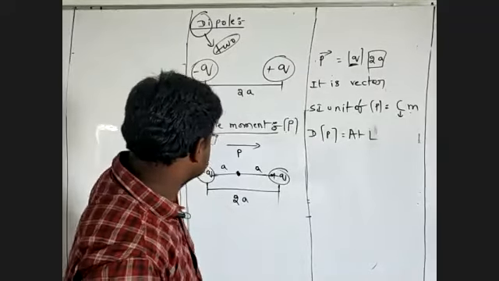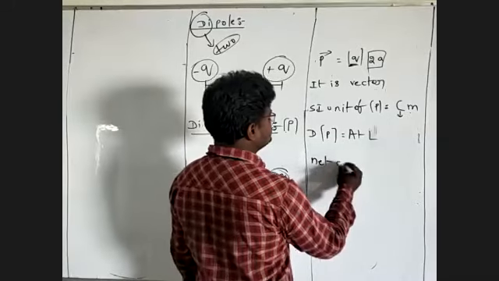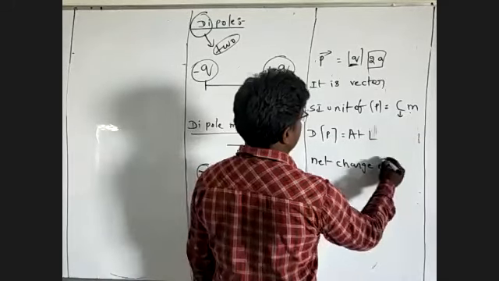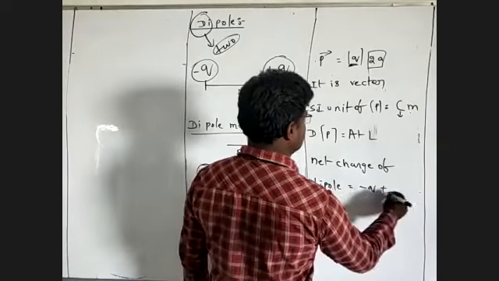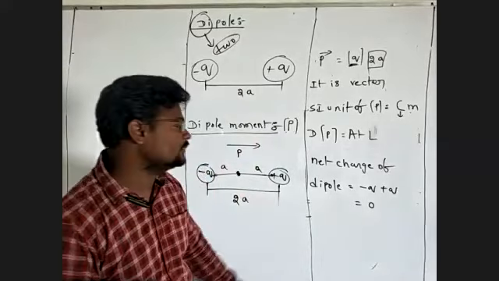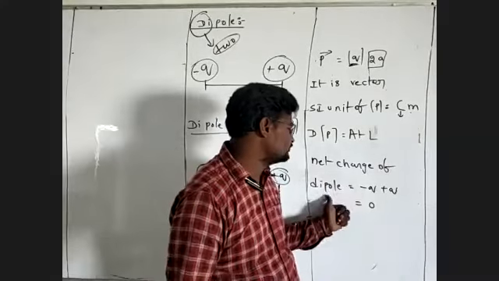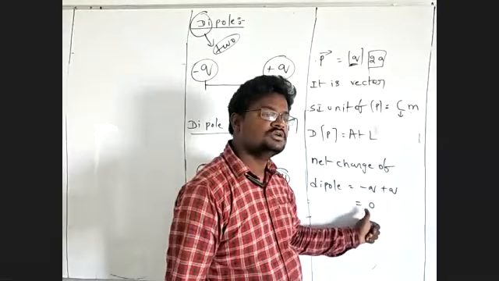Now, what is the net charge of the dipole? The dipole has a negative charge plus a positive charge. Net charge Q net is equal to minus Q plus Q, which is 0. Zero net charge.